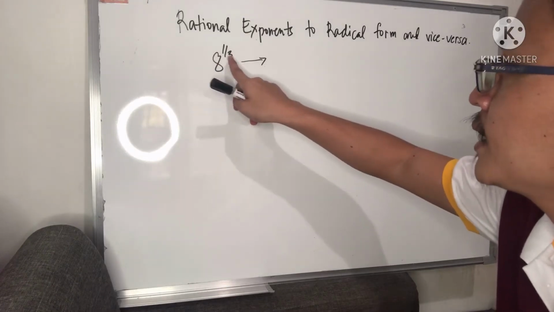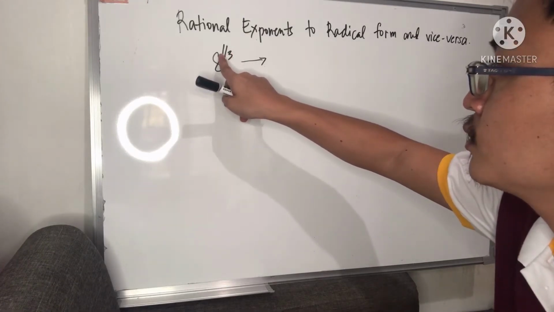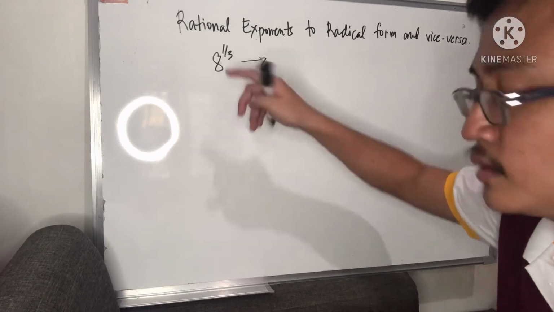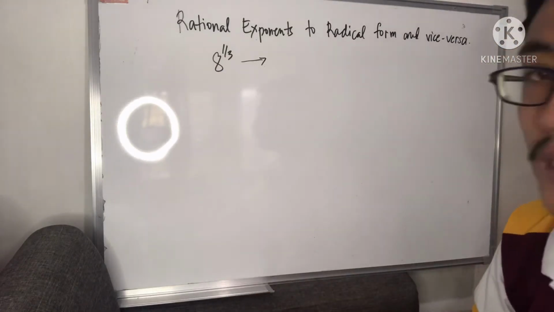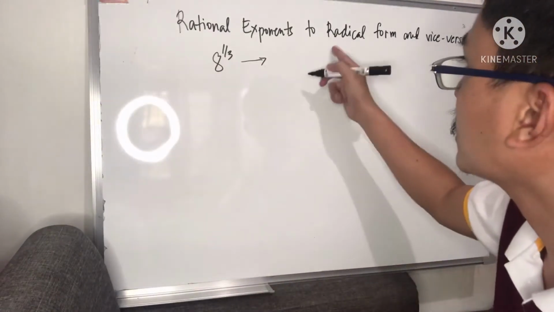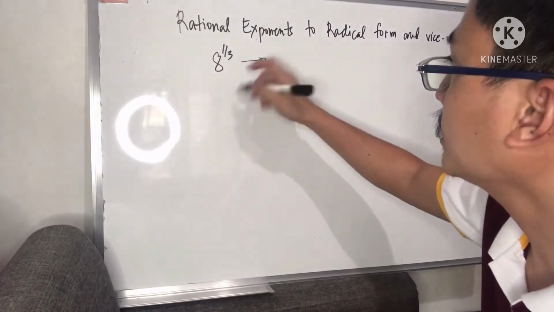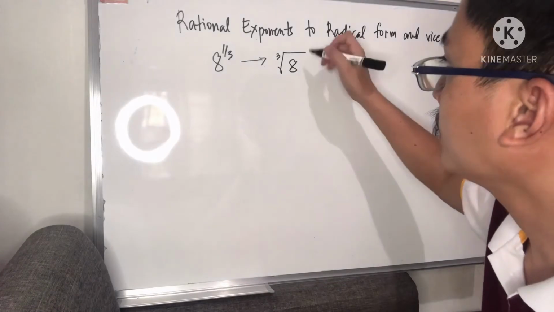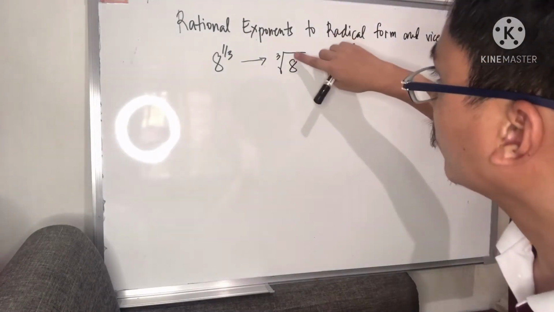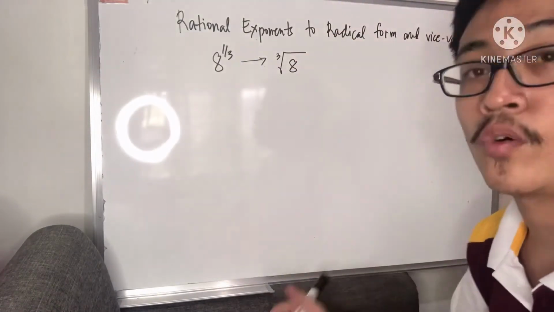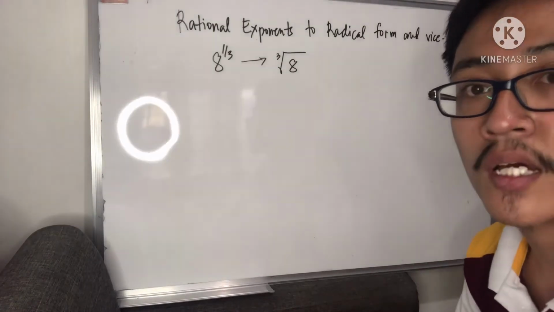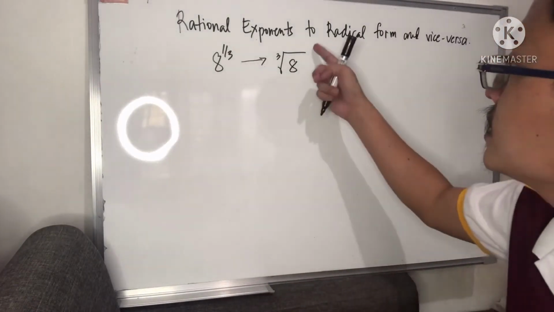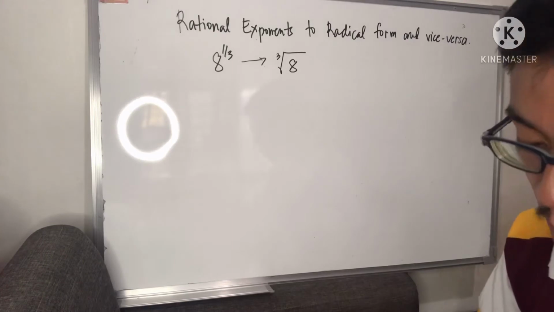So, alam natin yung numerator, yung mapupunta sa loob, and then yung denominator, yun yung index. So, pag sinulat natin siya to radical form, that is the cube root of 8 raised to 1, or the cube root of 8. So, ganun lang siya. Kasimple, no? So, this is the radical form answer.